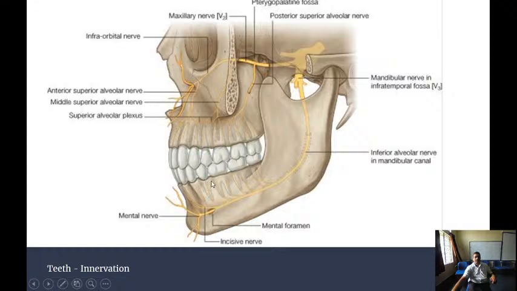And if you see the nerve supply, once again the upper teeth are supplied by the anterior, middle and posterior branches of the maxillary division, whereas the mandibular division, the inferior alveolar nerve which travels in the canal, supplies all the teeth of the mandible.